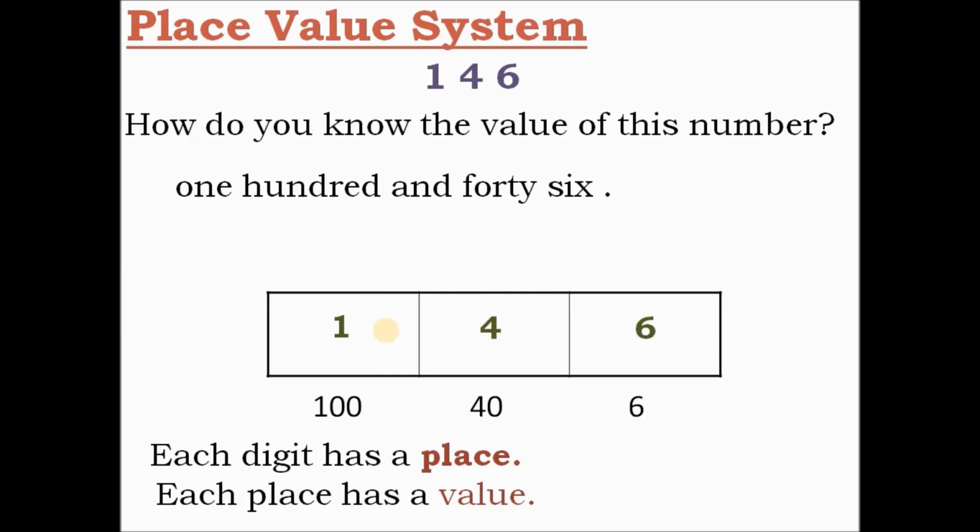Therefore, when I read this number, I will read it as 146. Each of these digits has a fixed place, and each of these places has a fixed value. So this is called the place value system.